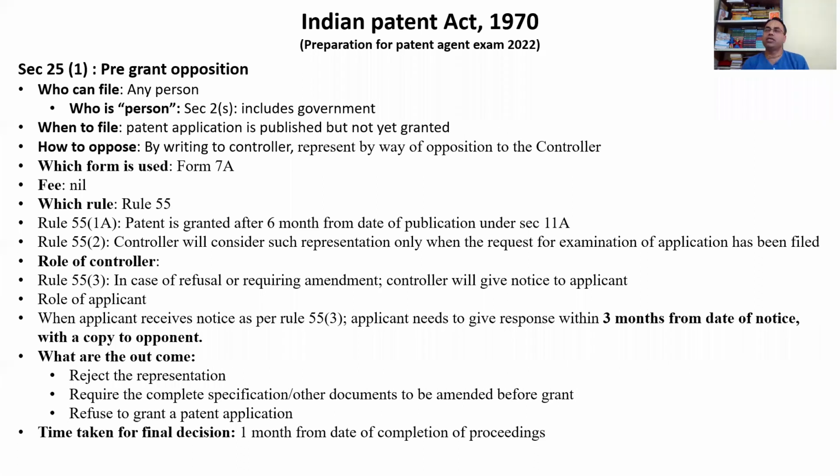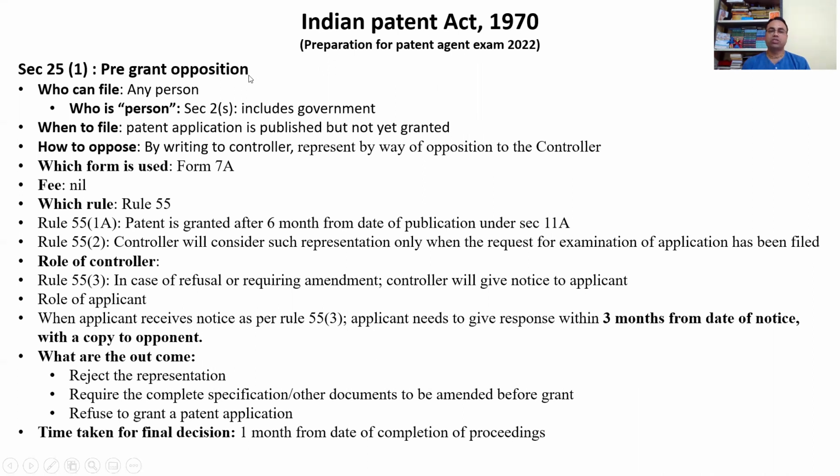I got some feedback that when I read this, it is difficult for many to follow and catch up. Which form, which fees, which rule are very confusing, and you are not able to make notes. Therefore, I have prepared these slides for you. This is very simple now, and we can go very fast with this idea.